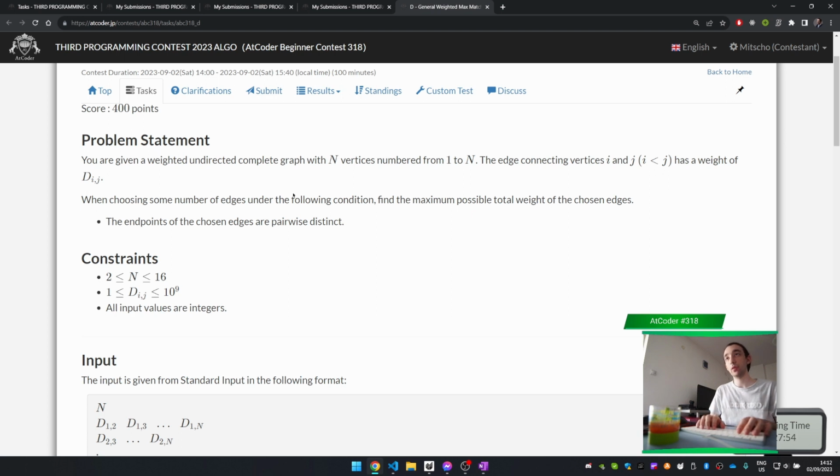When choosing some edges, maximum possible total weight. So for each endpoint, there is an edge that is chosen. I will choose. Backtracking can't work. So this is an NP problem.